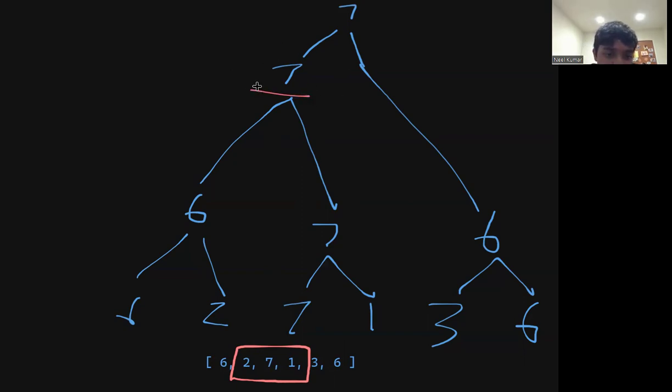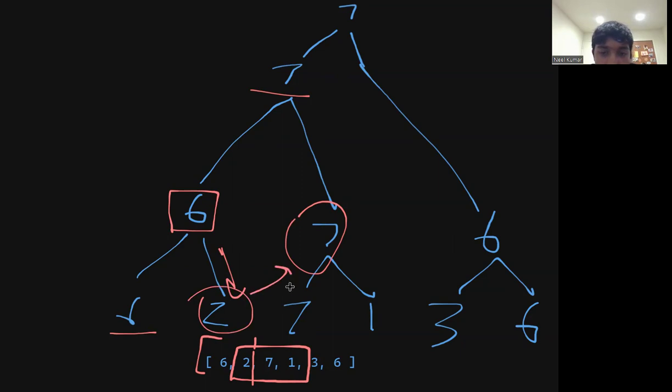But this still is responsible for the 6 at the end, which we don't want. So then we have to keep track of the 7 over here and go down the 6. Now the 7 is good because it's doing this part of the range, but the 6 still has an extra part. So then we have to go down again and go to 2. Now this represents a full range.